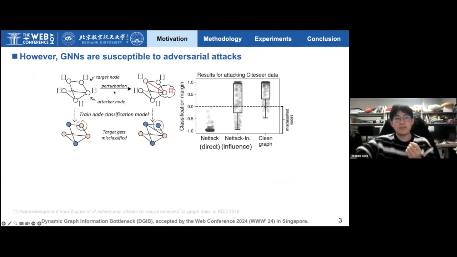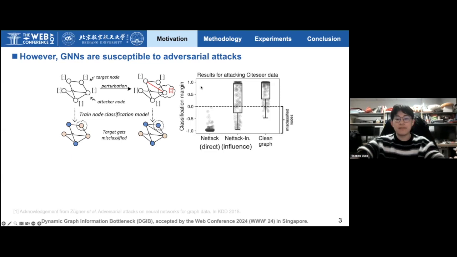However, we don't need to directly attack the target node, as the message passing mechanism in most GNNs enables nodes on the graph to merge, fuse, or update information from the neighbor nodes. We only need to perform some small perturbations on the features or structures of the attacker nodes that can lead to misclassifications of the target. We call this attacking mode the influence attack, which can better hide the attackers.